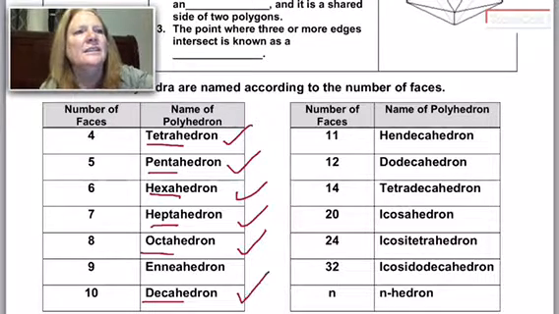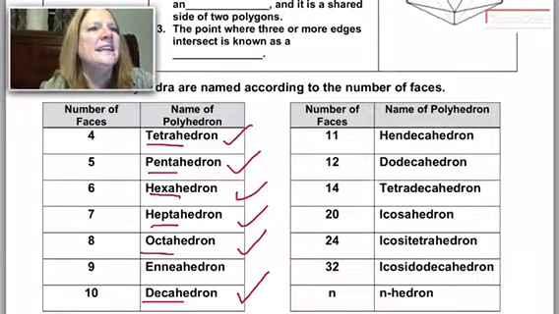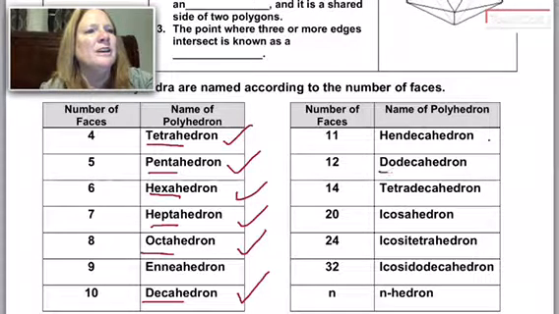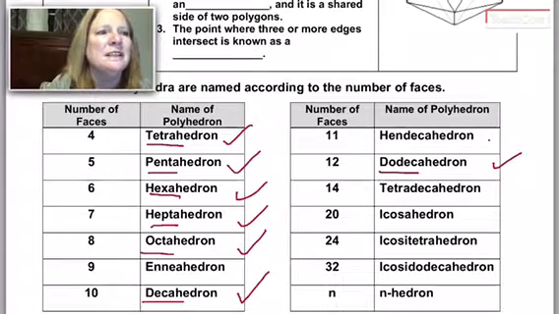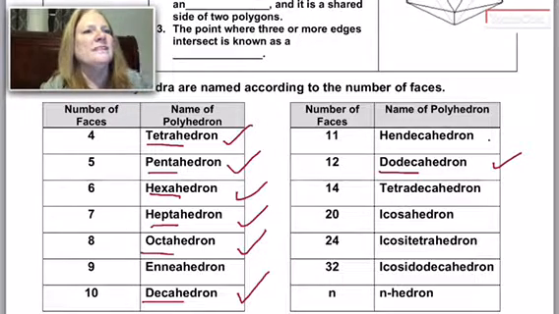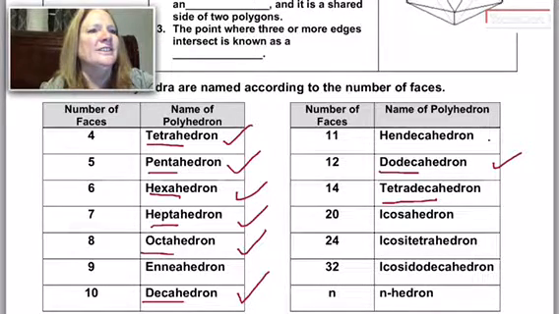Decahedron for 10. 11 is a hendecahedron, not very common. But then dodecahedron for 12; a lot of these are named the same as the polygons. Then 14 is a tetradecahedron. 20 is an icosahedron.